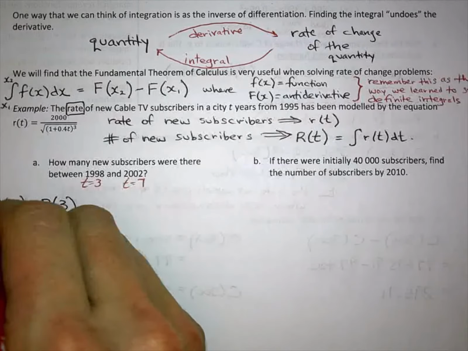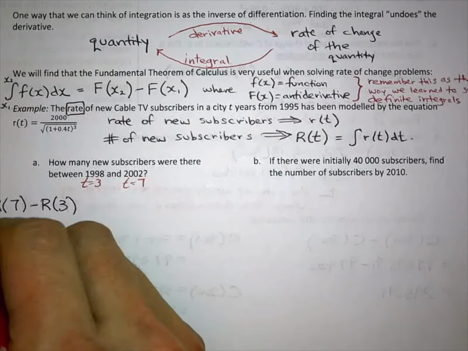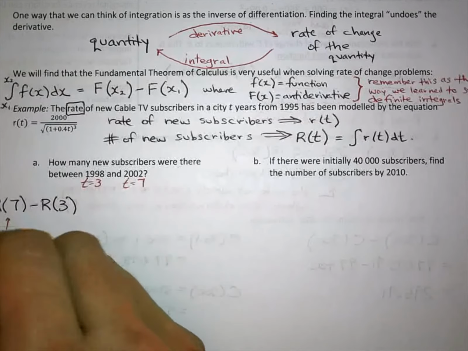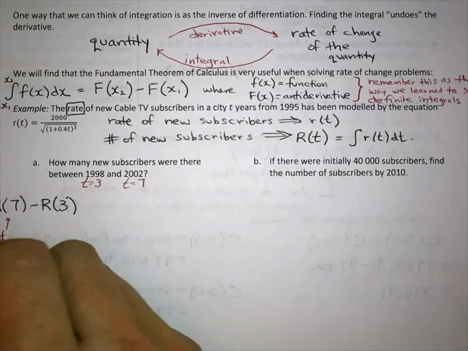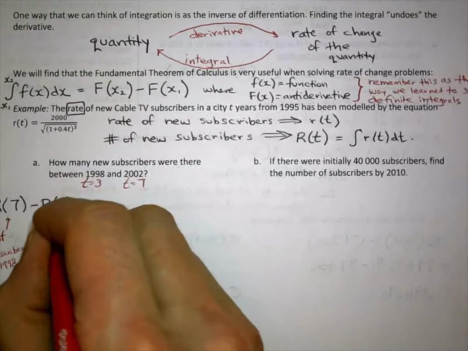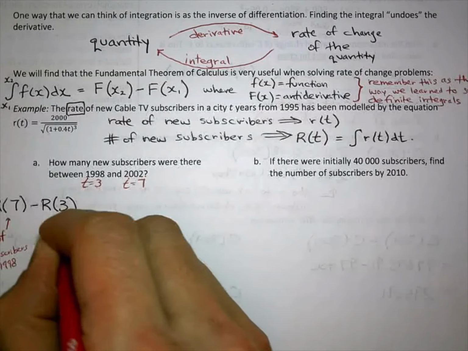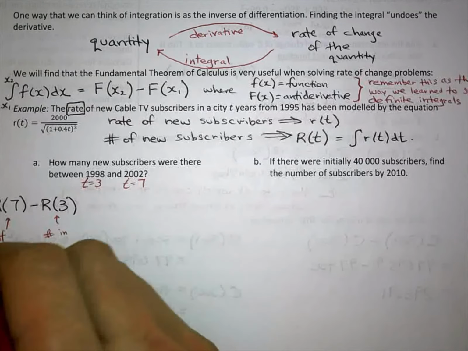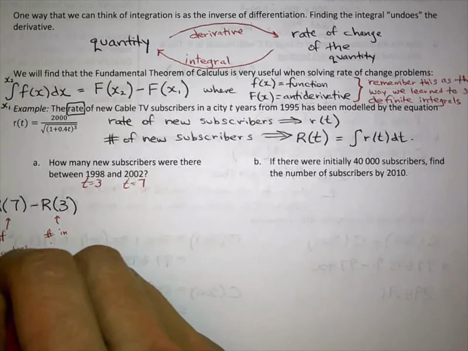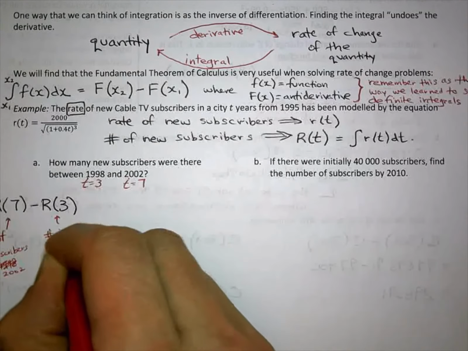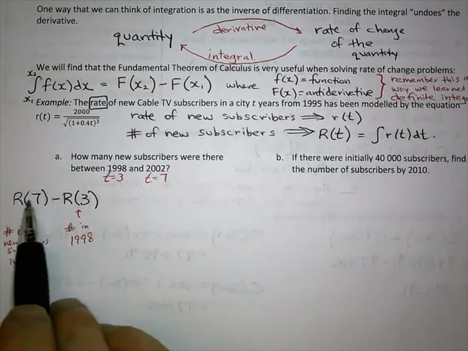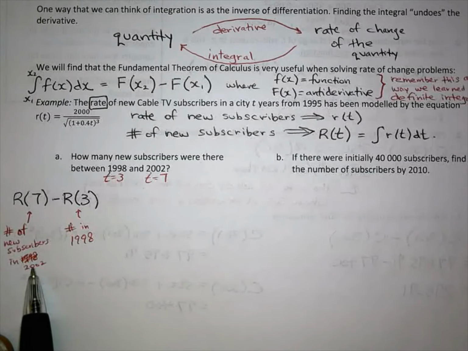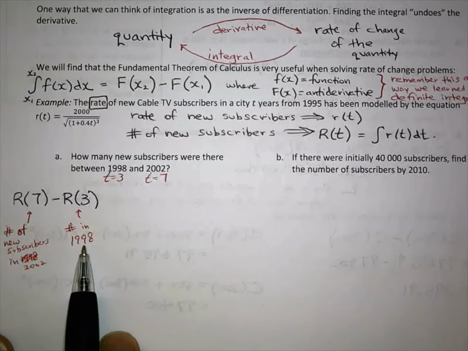I can put a little note here: the number of new subscribers in 2002 minus the number in 1998. That's what the question is really asking. The number of new subscribers in 2002 minus the number of new subscribers in 1998.